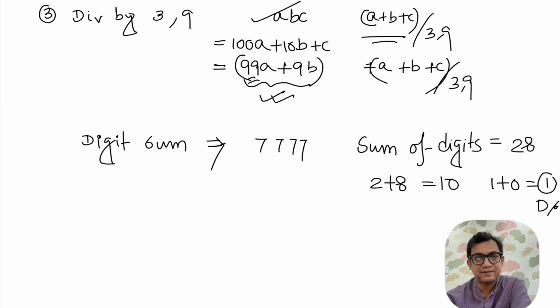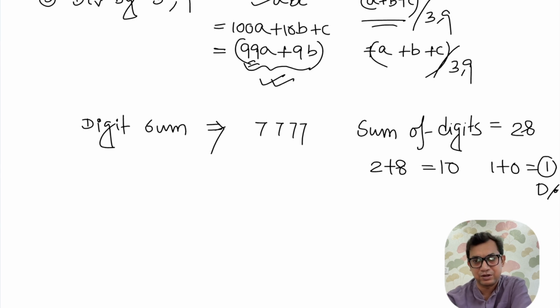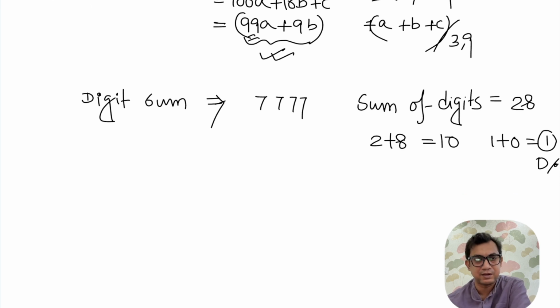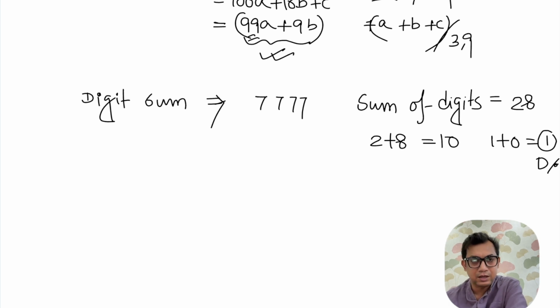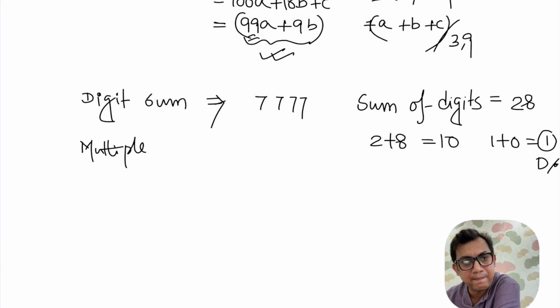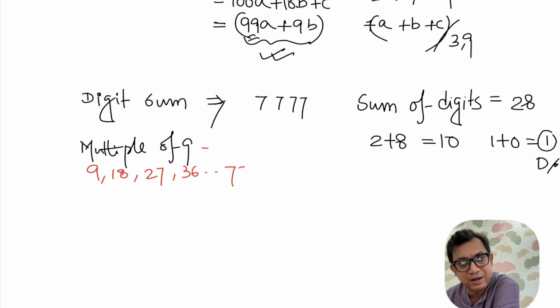Now the connection of digit sum with 9 is very, very unique. What are the cases? For any number which is a multiple of 9, what are the multiples of 9? 9, 18, 27, 36, whatever you say, 729.